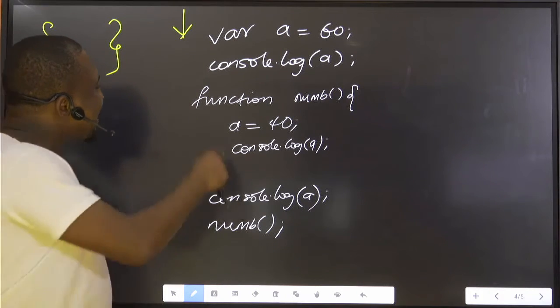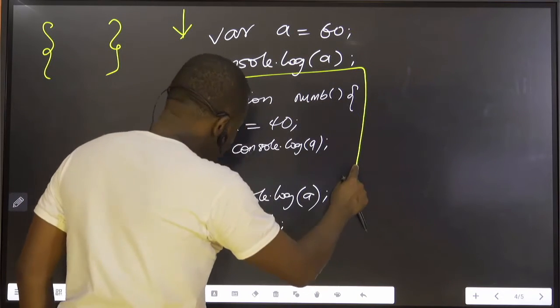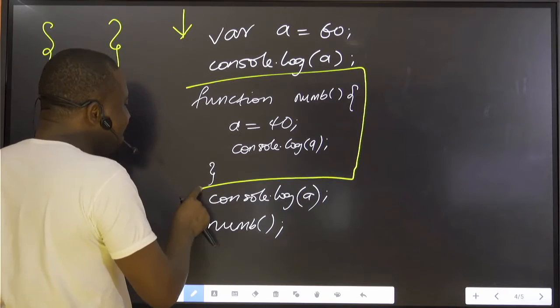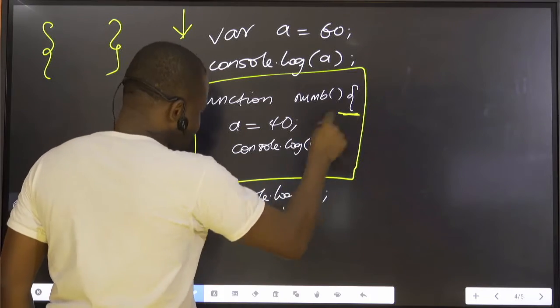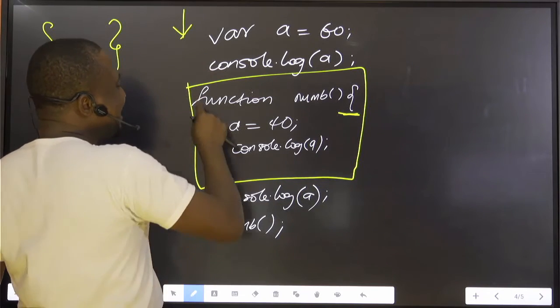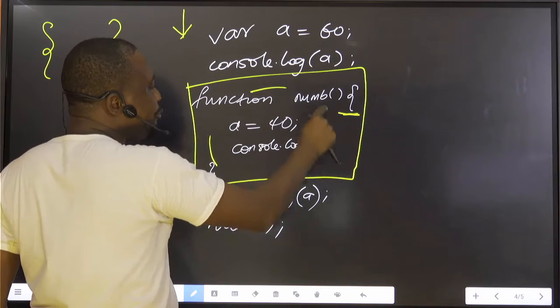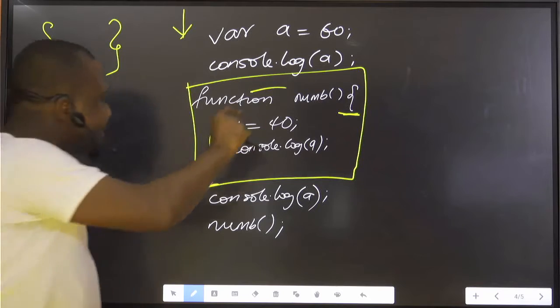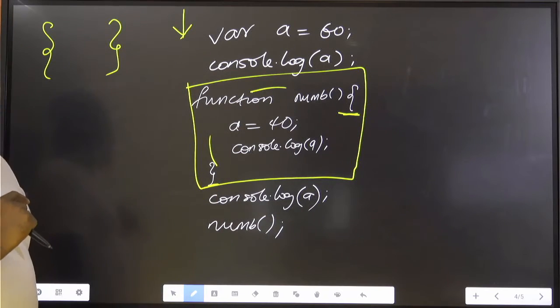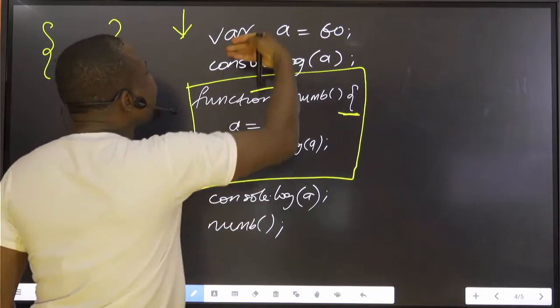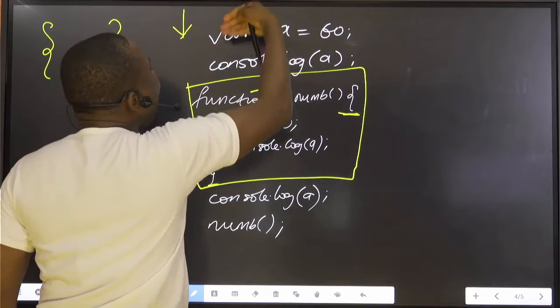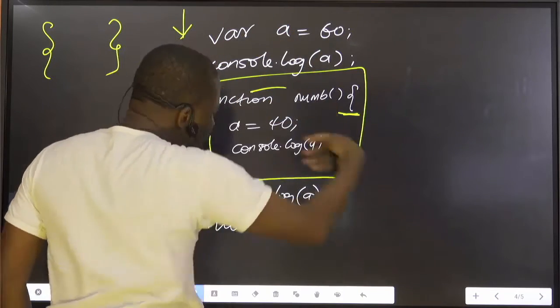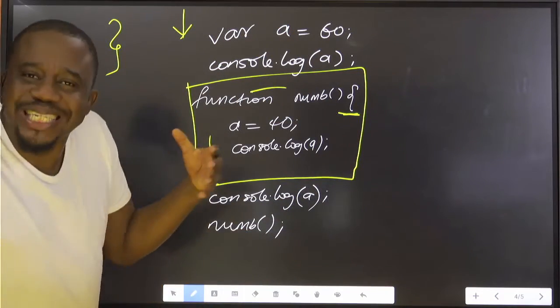Now, this one, you are seeing in this place now, there is a block here. This is what? Function scope. With this block inside of it. But outside this function, we have all these other statements that are not inside block.